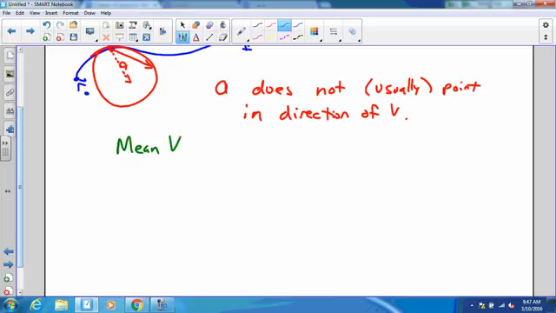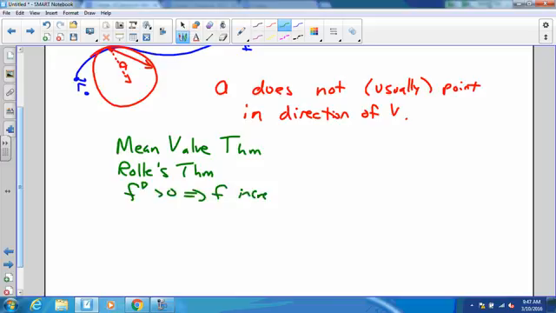There's a little bit more that I want to say about the calculus of vector valued functions, and that is this: such things as the mean value theorem and Rolle's theorem, and all of our theorems about if f prime is positive, then f is increasing, and if f prime is negative, then f is decreasing, and so on.